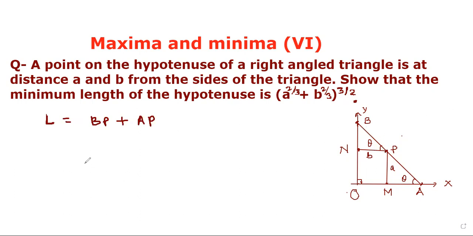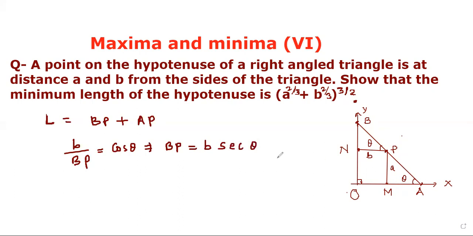So we can say B upon BP will be equal to base upon hypotenuse equal to cos theta, from where we get BP equal to B sec theta.